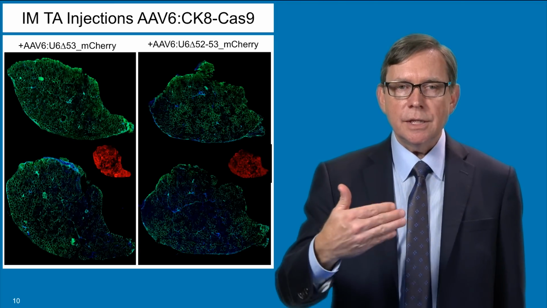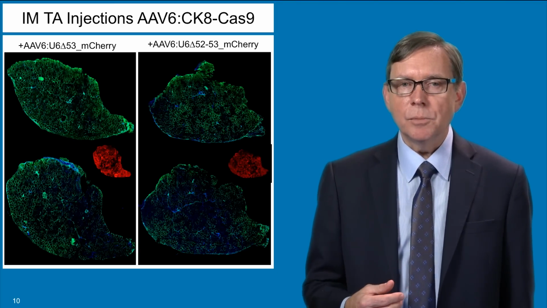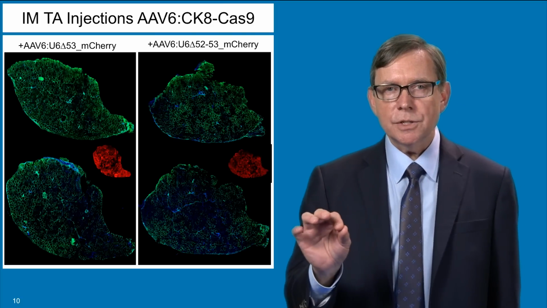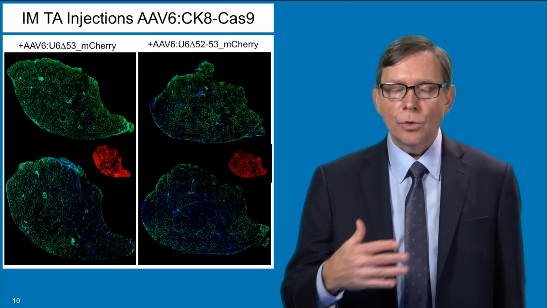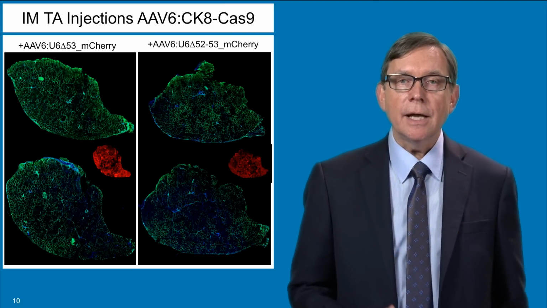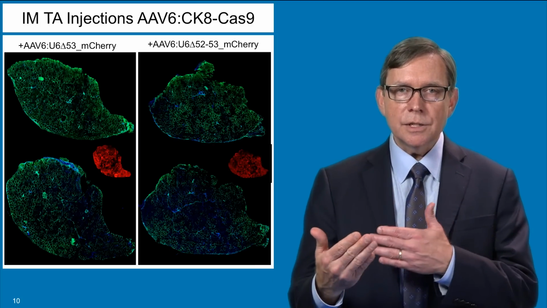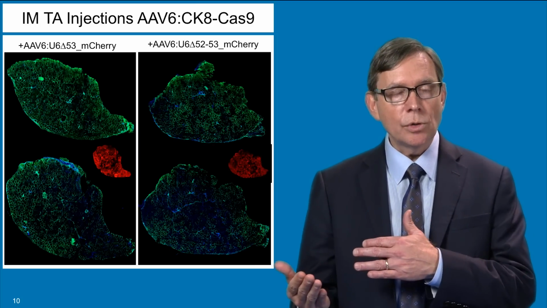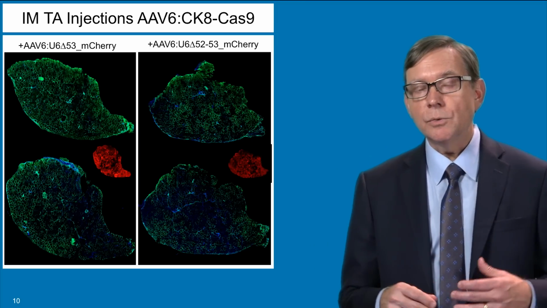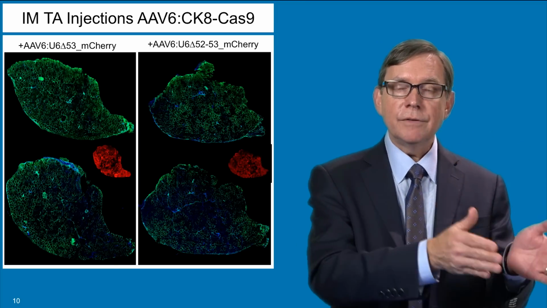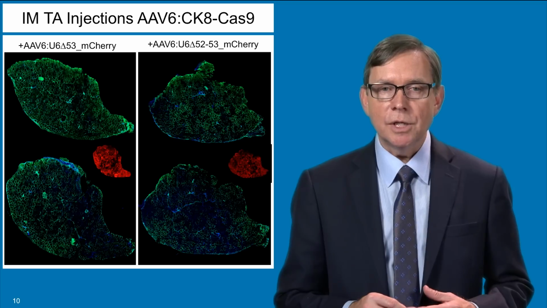And so what we can see here, we're looking at a couple of different muscles that have been injected with our vectors, and we are probing these muscles in 2 different ways. The green color shows staining with an antibody that recognizes the dystrophin protein. The red color is picking up the mCherry reporter gene that I mentioned earlier in one of my slides that's in the vector, just to allow us to follow where the vector has gone within the injected muscles.